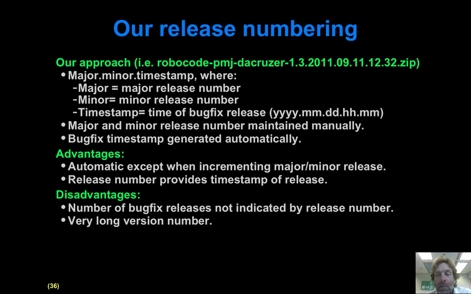It avoids that problem. The cost of it is that you've got this very long string of numbers that create the entire version number. So it's a trade-off, and for this class, I think you're going to be happy that you aren't constantly trying to update that bug fix number.